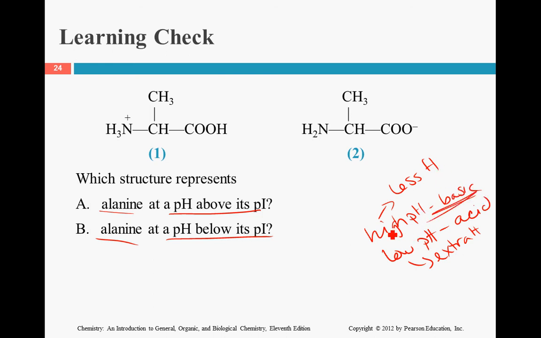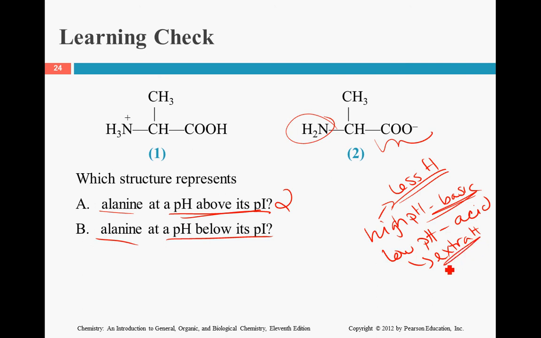So, let's look at the basic one first. If it's a high pH, it's fewer hydrogens, which means the carboxylic acid will still go ahead and give off its hydrogen, but there won't be enough to accept it for the NH2. So, for the high pH, the pH is above PI, it's going to be number 2.